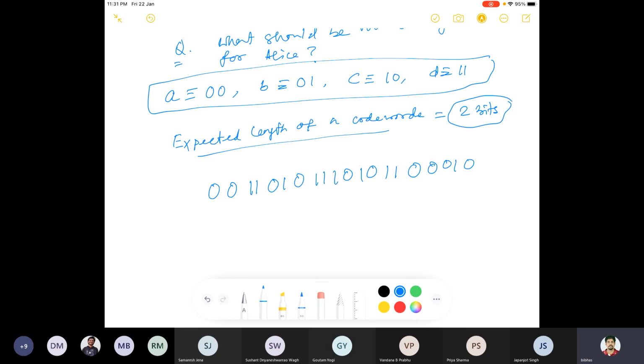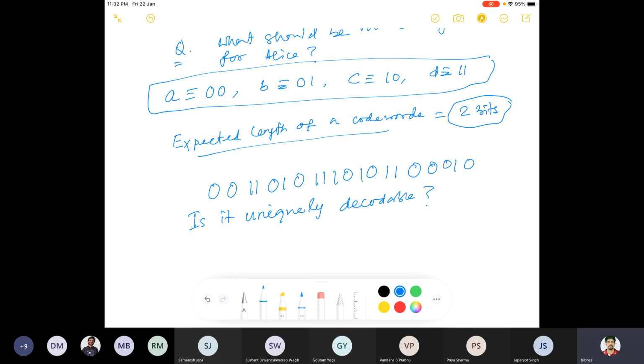There can be. My question, to be very precise, is: is it uniquely decodable? I'm just giving an example. You may create your own example.